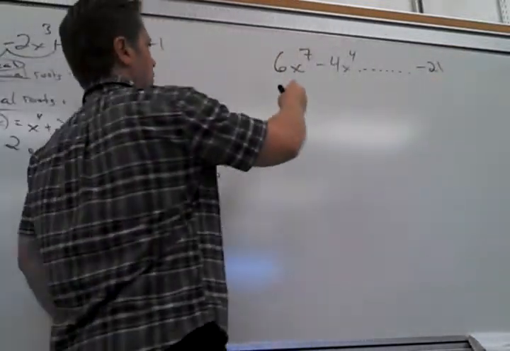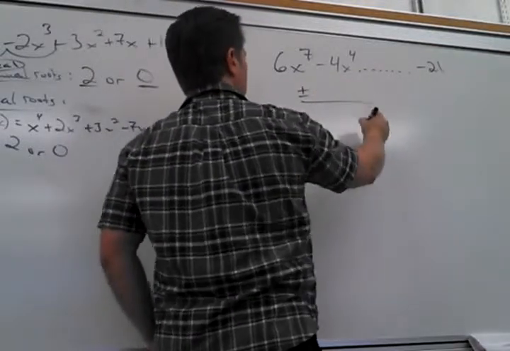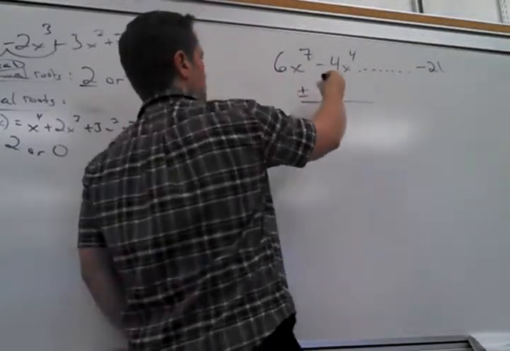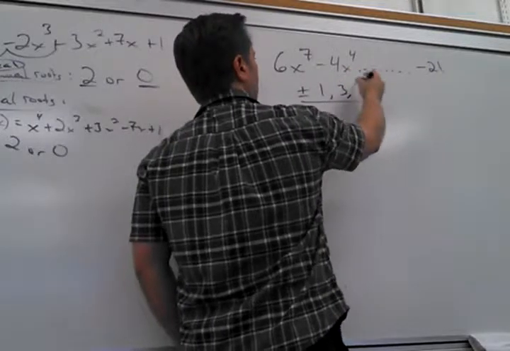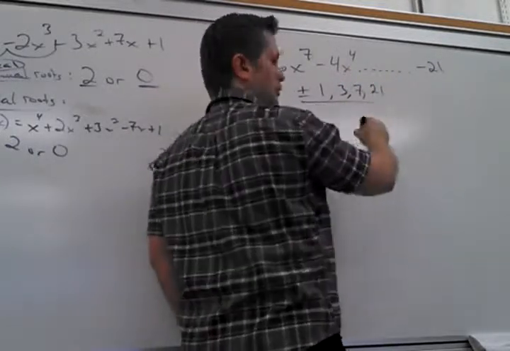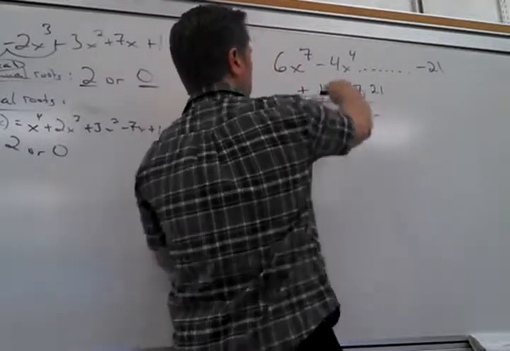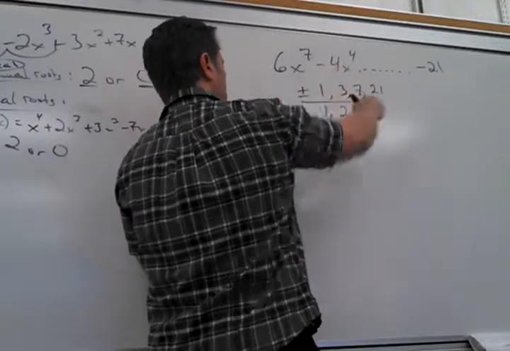Factors of that over factors of that. So it'll be plus or minus the factors of 21 over the factors of 6. So it'll be 1, 3, 7, and so on. For 6 it would be 2, 3, 6. So now every possible one will be plus or minus 1, 1/2, 1/3, 1/6.